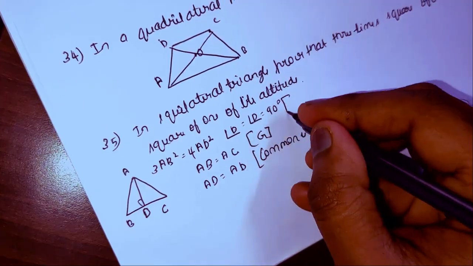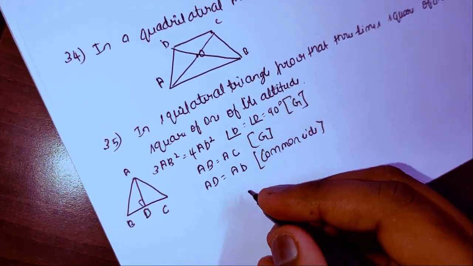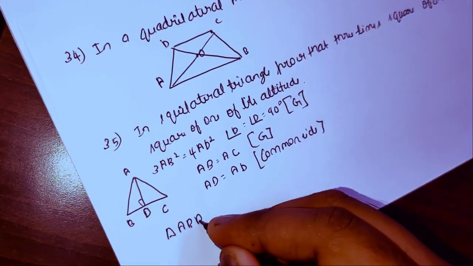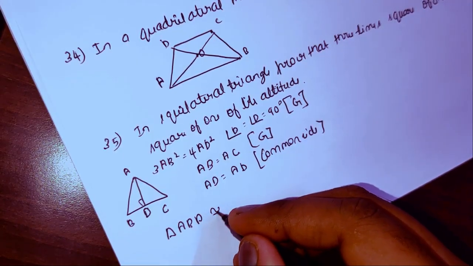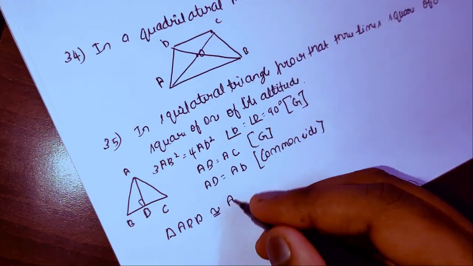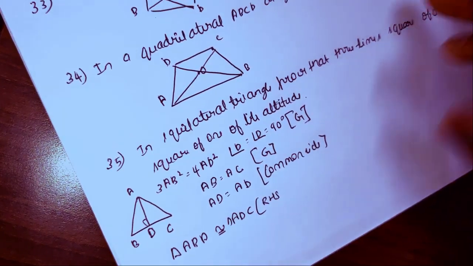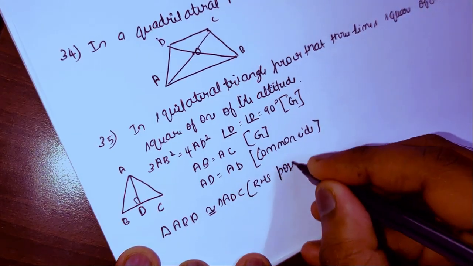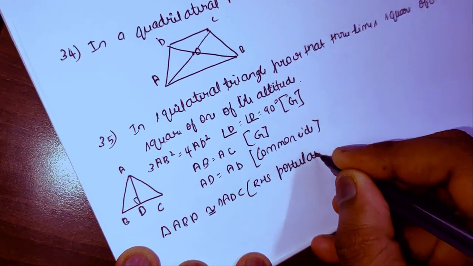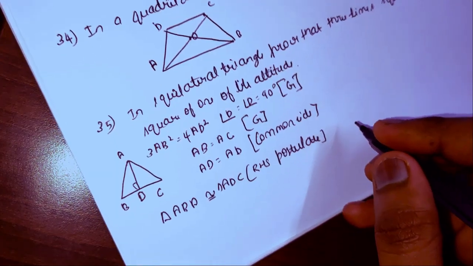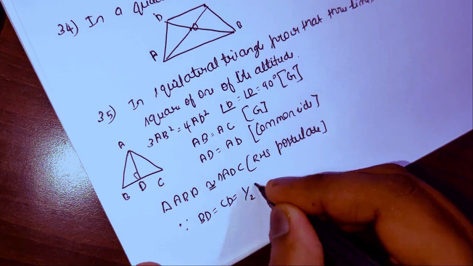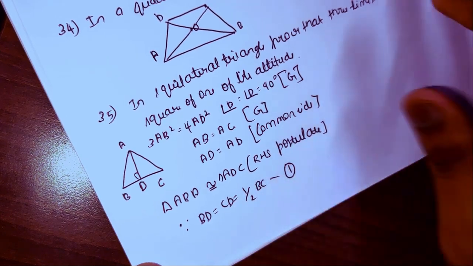So triangle ABD is congruent to triangle ADC. This is by RHS postulate. That implies BD is equal to CD, that is half BC. Consider this as first equation.